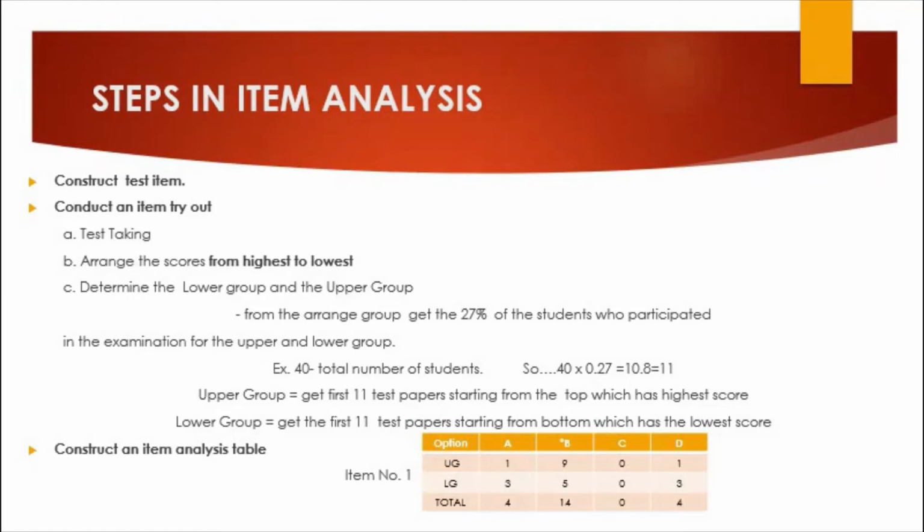Isa rin sa mahalagang punto na dapat ninyong malaman, based na rin sa aking nabasa at napanood na mga video about item analysis, is that kailangan yung test item na binigay mo doon sa inyong pilot respondents, example for this one is Section D, ay kailangang doble ang bilang. Ibig sabihin po is doon sa ginawa niyong TOS, if ang nakalagay lang doon sa multiple choice ay hanggang 5 items lang, kailangan ninyong gawing 10.